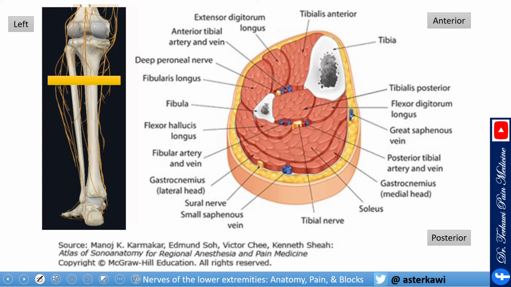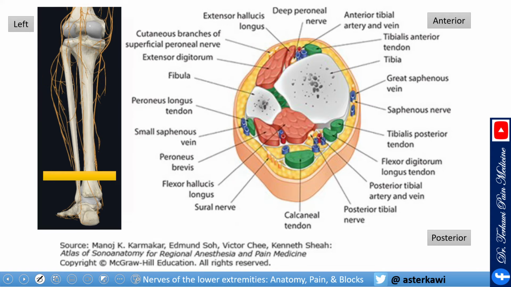Now, looking at the axial cut here, notice how deep at this level the tibial nerve is, the saphenous, the sural nerve. Here you have the deep peroneal nerve, and you see the orientation of the tibia, the fibula, the muscles.